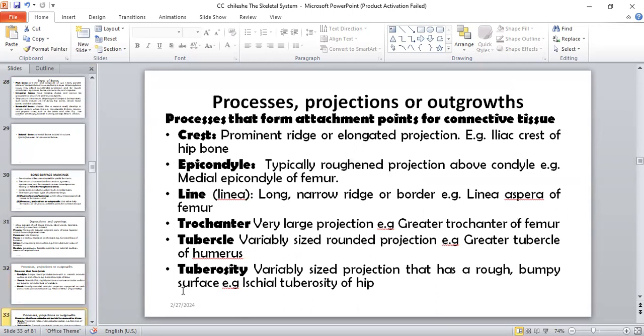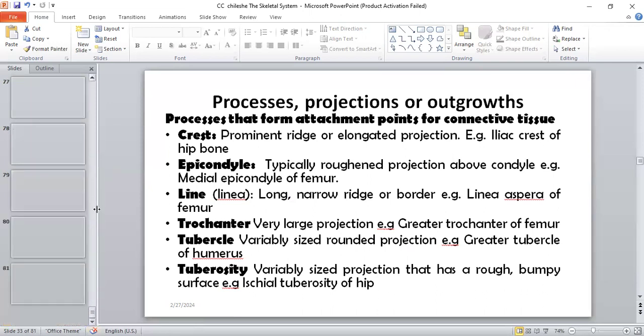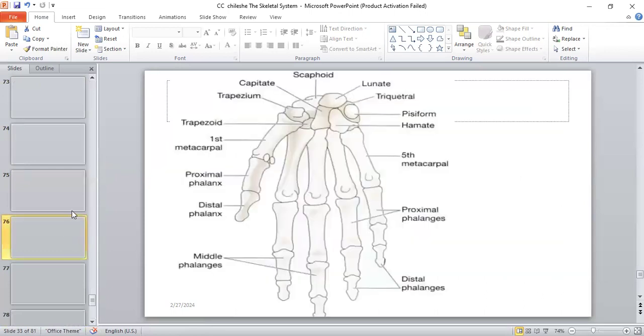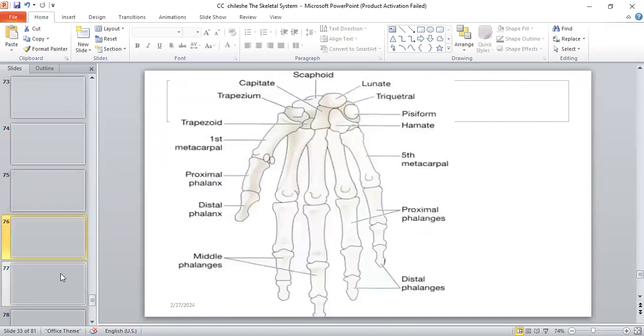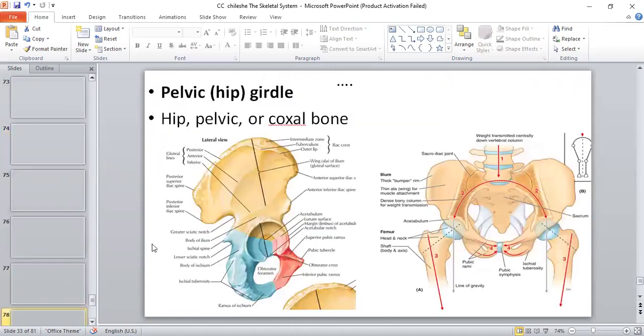And then we have variably sized projections that have a rough, bumpy surface. This is called the tuberosity, for example the ischiotuberosity, which is supposed to have a roughened surface.